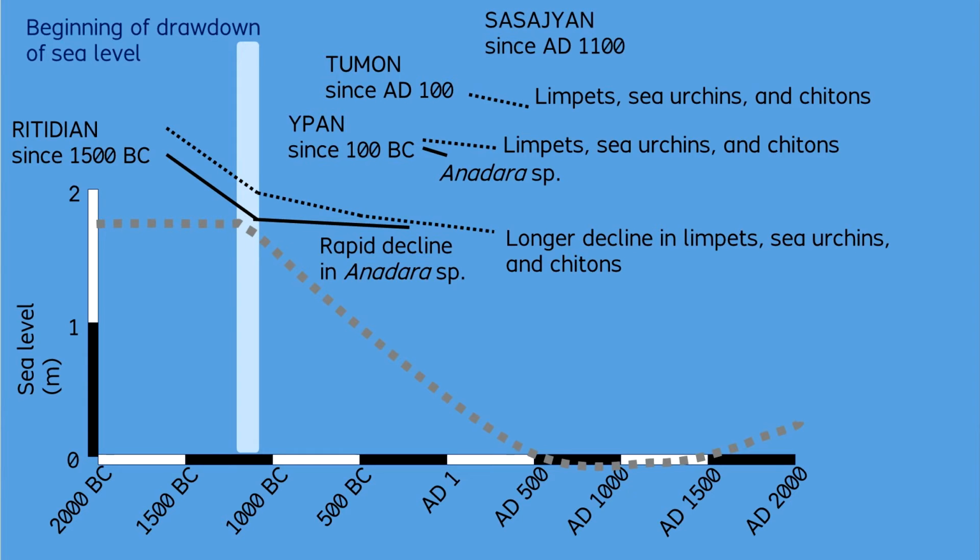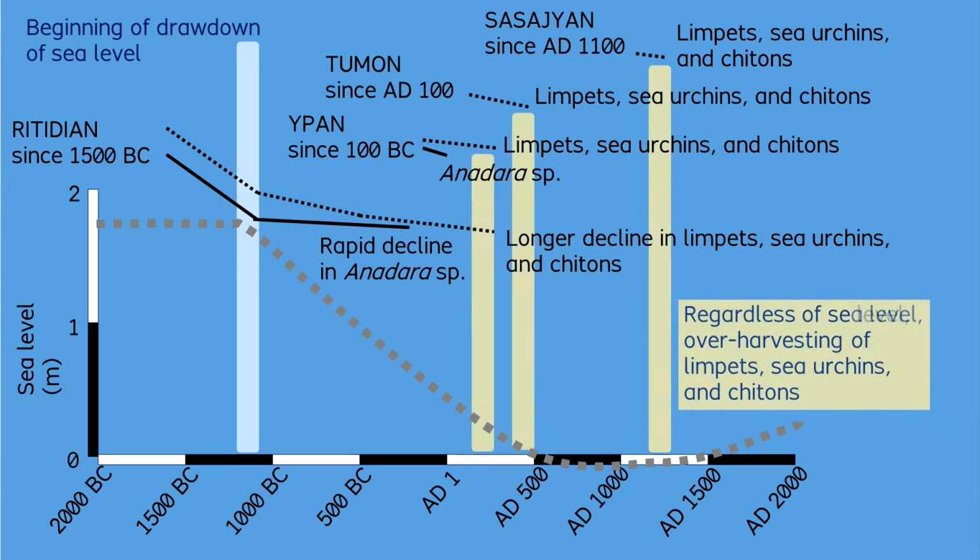Meanwhile, the later aged sites still showed appreciable numbers of limpets, sea urchins and chitons, at least at first, but then these shellfish consistently declined in the local records. In this case, the decline of limpets, sea urchins, and chitons was not associated with a change in sea level, but rather it occurred shortly after whenever people inhabited any site in this area, regardless of the time period.